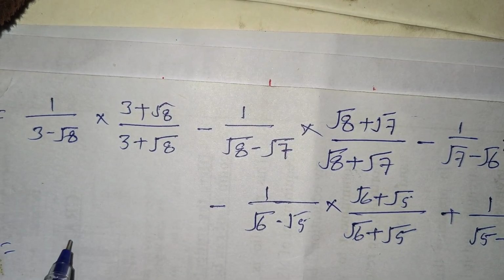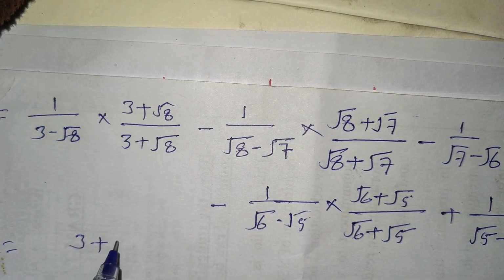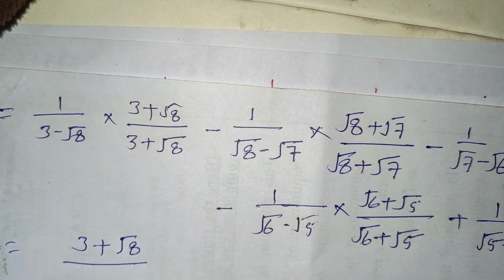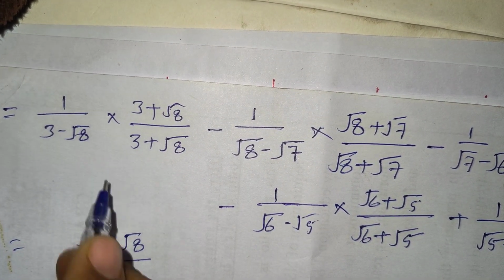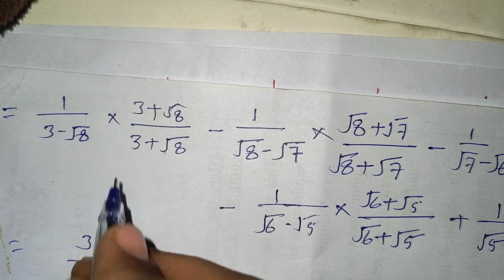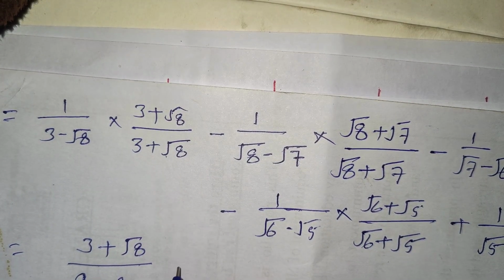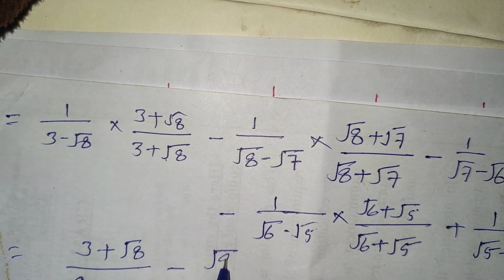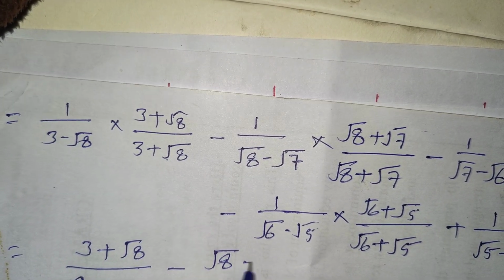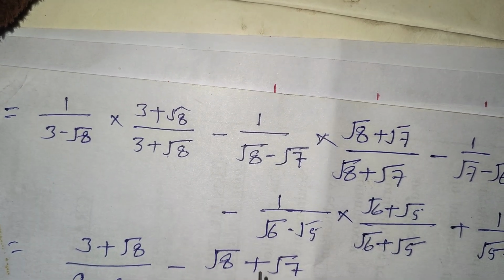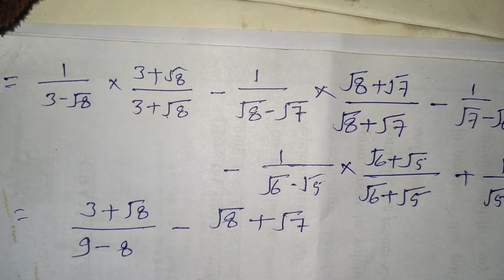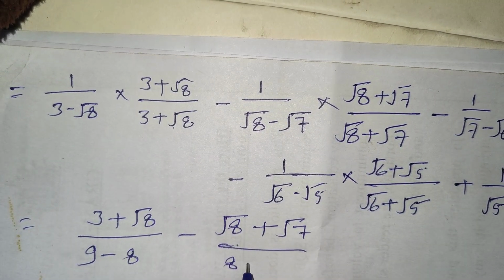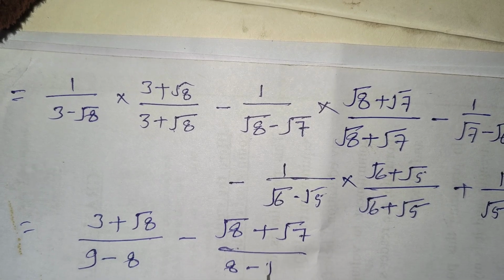In the numerator we got 3 plus root 8, in the denominator we got 3 into 3, 9, minus root 8 into root 8, we got 8. Minus here root 7 into root 8 and root 7, in the denominator root 8 into root 8 minus root 7.